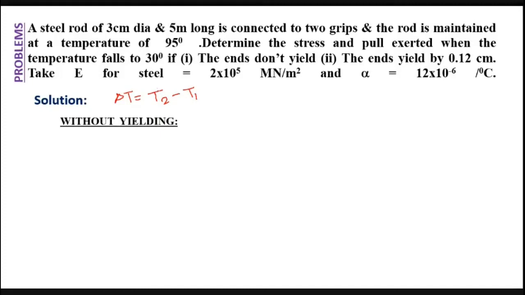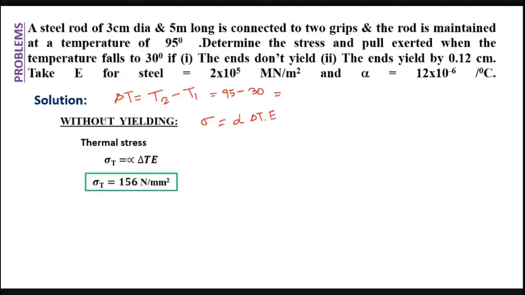Whichever is the higher temperature, I call it T2, and the lower temperature, I call it T1. Don't worry about it being positive or negative, it's just a difference. The higher temperature here is 95 degrees centigrade, so 95 minus 30 degrees centigrade, 30. The formula is alpha into del T into E.